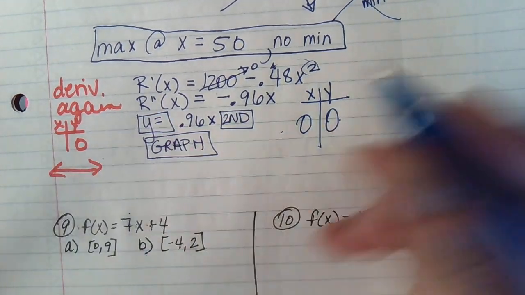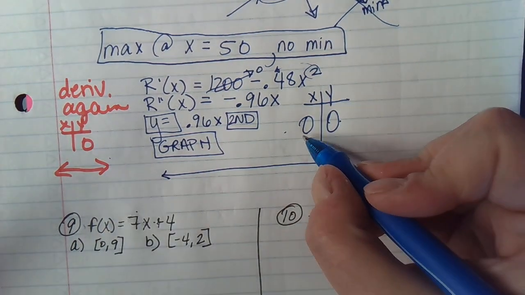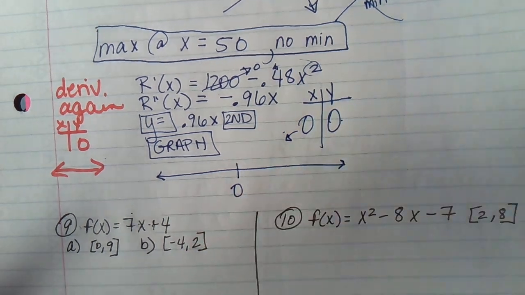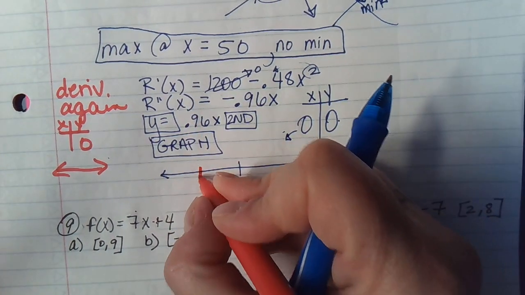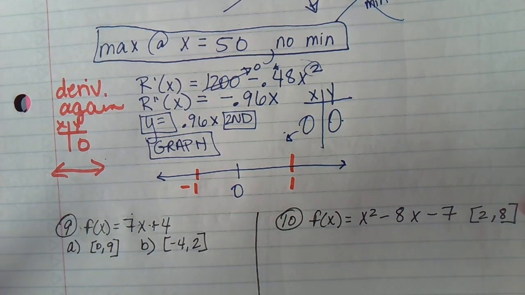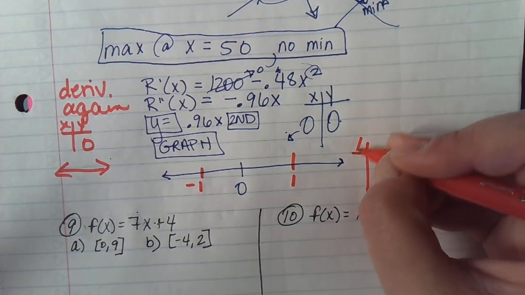Okay, now it's time for a number line. Put that x value on the number line, 0. Pick a number before, -1. After, 1. Look in the t-chart for those numbers.